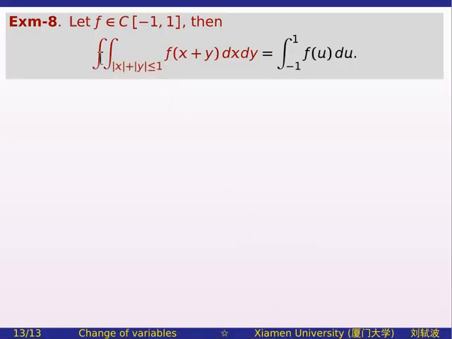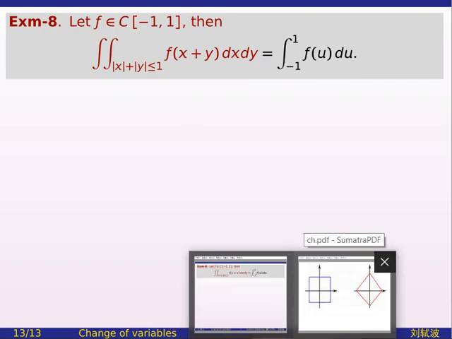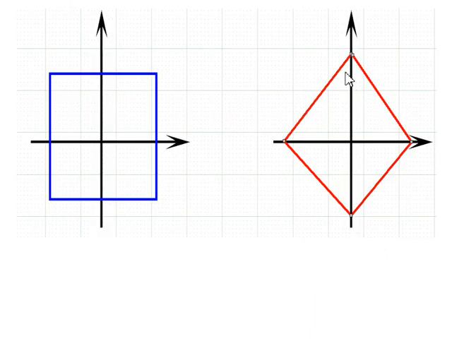So how to prove this equality? Our idea is to make a change of variable, because for (x, y) in this domain, x plus y lies between minus 1 and 1, and x minus y also lies between minus 1 and 1.